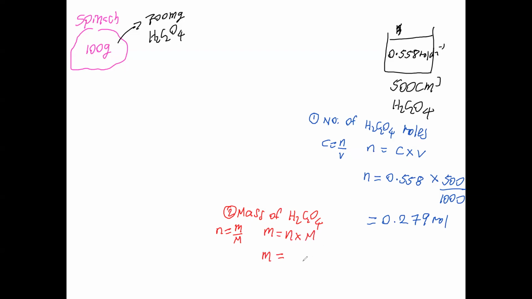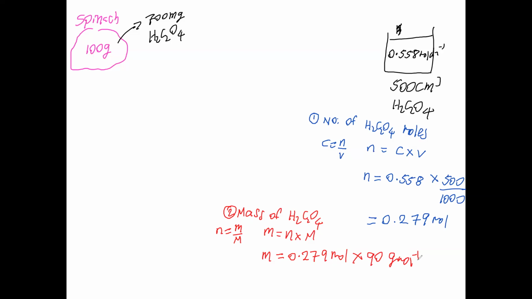The number of moles of oxalic acid we found is 0.279 moles. And the molar mass of oxalic acid was given at the beginning of the question. I can remember it was 90. Otherwise you can calculate it. 2 carbon means 24, plus 4 oxygen, 64. 64 plus 24 is 88. 88 plus 2 is 90. Yes, it's 90 grams per mole.